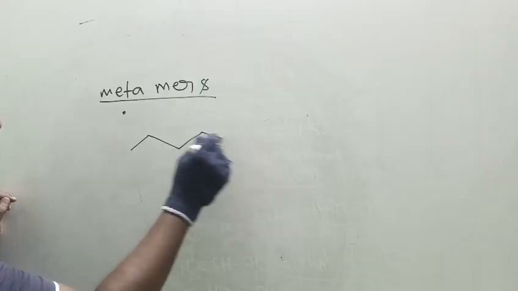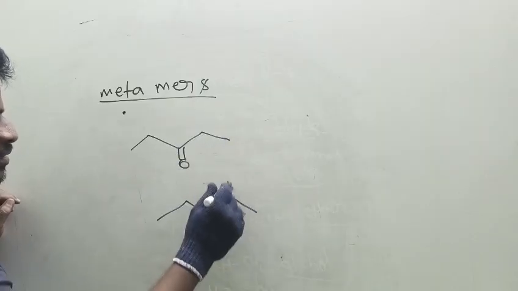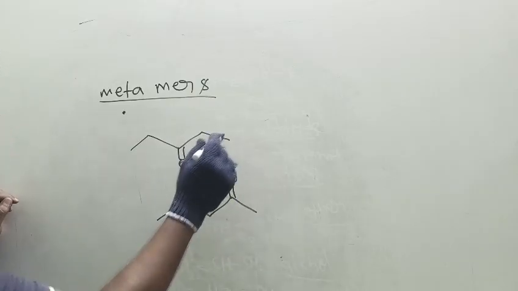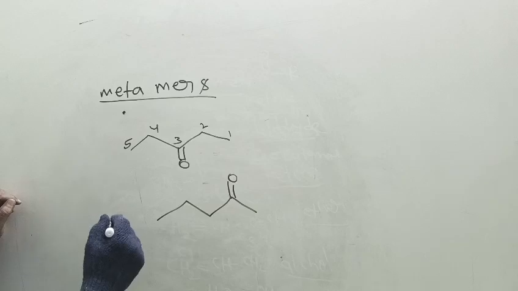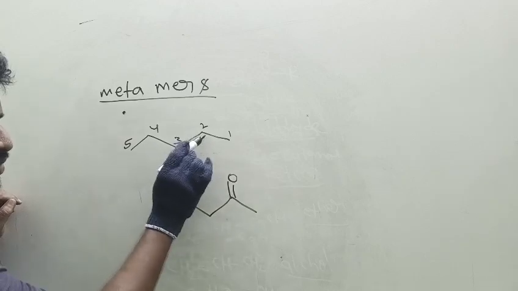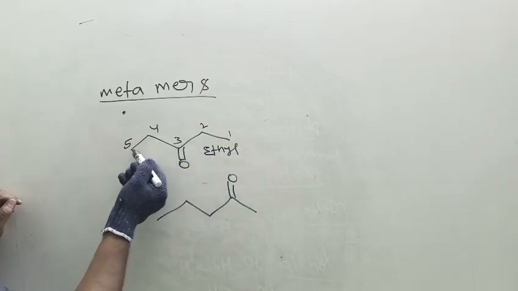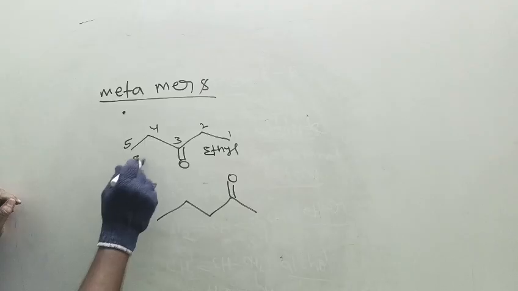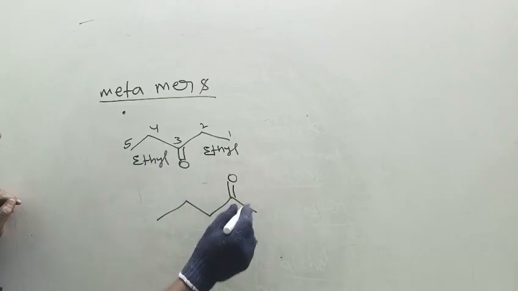So I am taking this compound and another compound is this one. The first compound has 5 carbon atoms, and to the functional group, left side 2 carbon atoms ethyl, right side also 2 carbon atoms ethyl, with the same molecular formula.